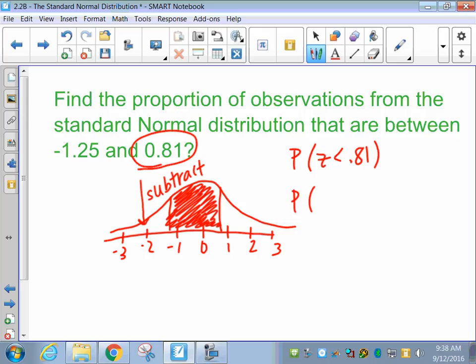So we're going to find both z-scores, or areas, and then we're going to subtract them. Okay, so use your table, you guys, and let's find the area for positive 0.81, which is how much area is left of a z-score of 0.81. Anybody got it?